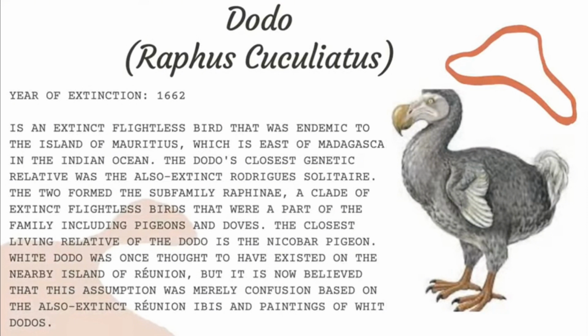The closest living relative of the dodo is the Nicobar pigeon. A white dodo was once thought to have existed on the nearby island of Reunion, but it is now believed that this assumption was merely confusion based on the also extinct Reunion ibis in paintings of white dodos.